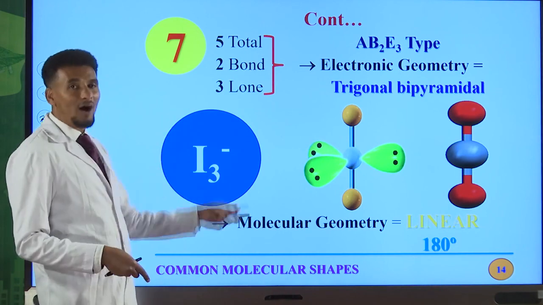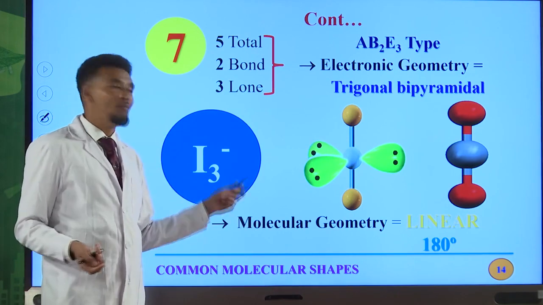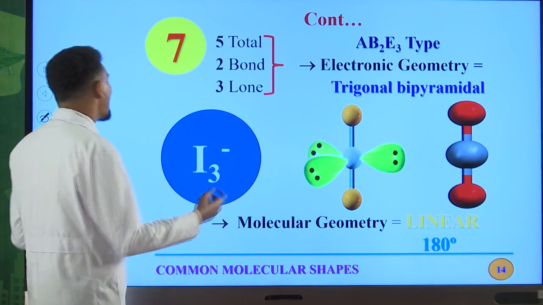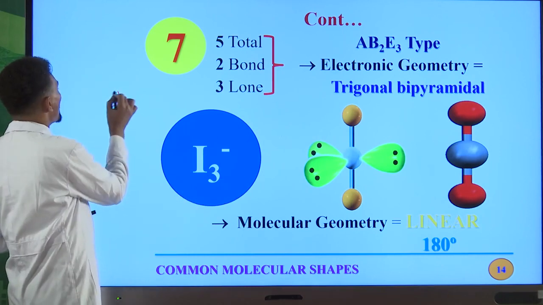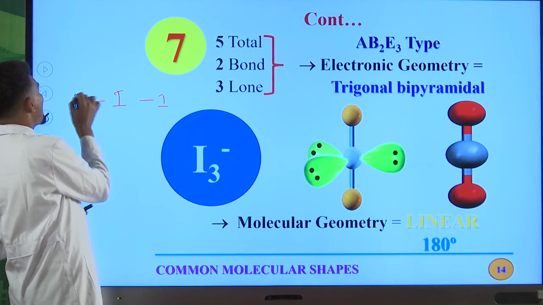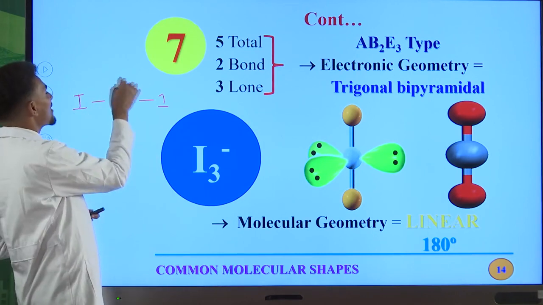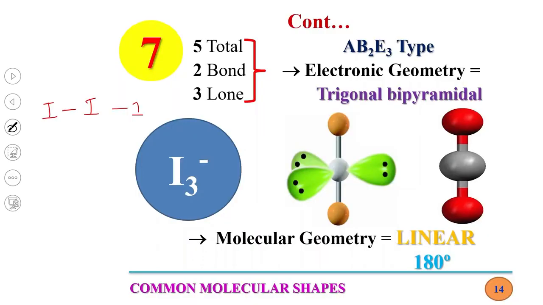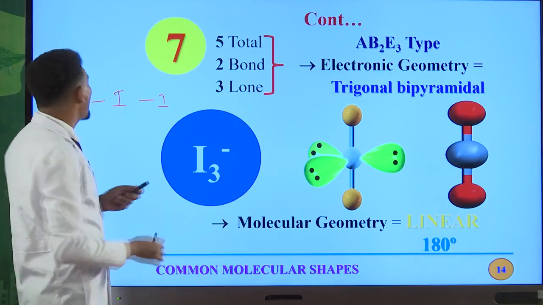So try to draw the Lewis structure for I3 minus. You can easily draw, for example, I, directly bonded with another iodine atom and another iodine atom also. This is the central atom. These are terminal atoms. How many lone pairs of electrons do we have? 3 lone pairs of electrons on the central iodine.